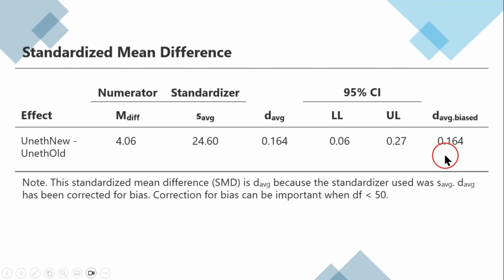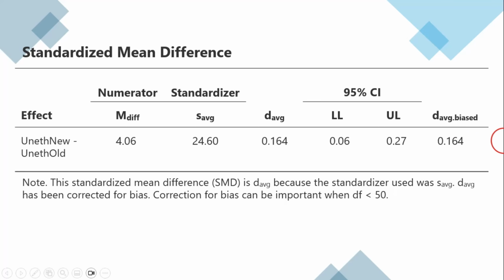And then he includes this biased D versus the unbiased version. So there's the biased over there versus the unbiased. And again, just to refresh, the D statistic in general, as the sample sizes from which that D statistic are calculated get smaller and smaller, the actual D value does not estimate the population mean quite as accurately.